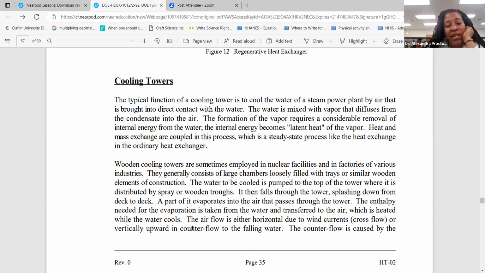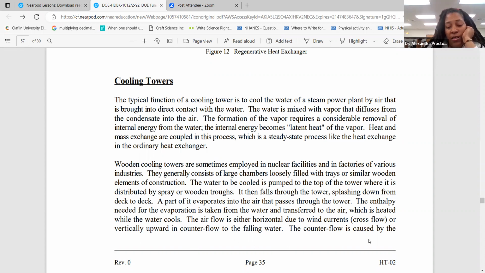The enthalpy needed for the evaporation is taken from the water and then transferred to the air, which is heated while the water cools. Airflow is either horizontal due to wind currents, or cross flow, or vertically upward in a counterflow to the water that's falling.